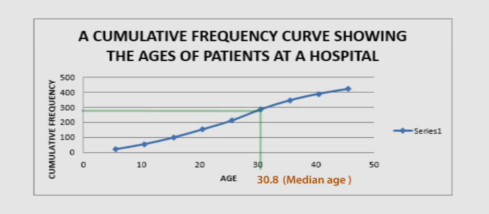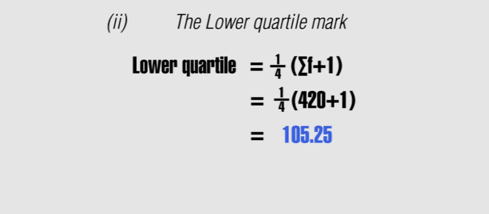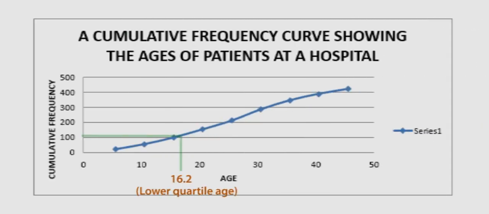How do you get the lower quartile? The lower quartile, like the median, is 1/4 of the total frequency. But the median is 1/2. This is just 1/4. So we divide 421 by 4, and that will give us 105.25. We move on to the cumulative frequency axis.